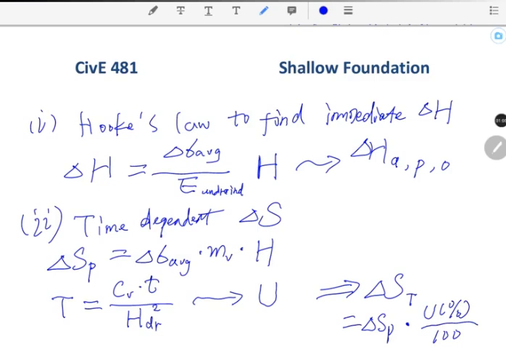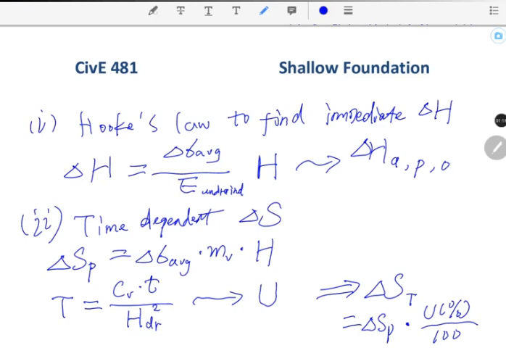So for these three points, we can find 3 different delta S_t, which means the settlement of the silted clay layer under these 3 points at any given time.